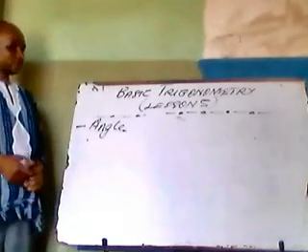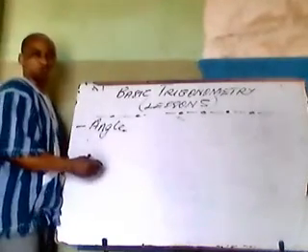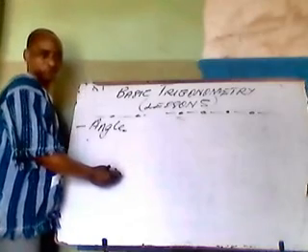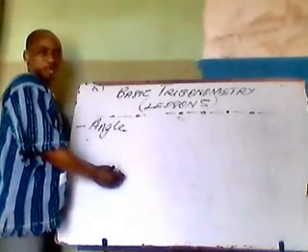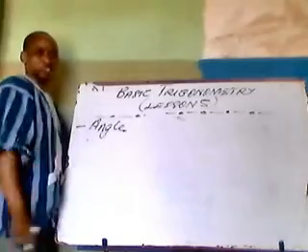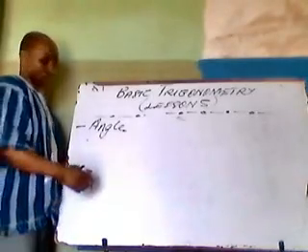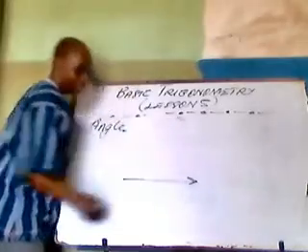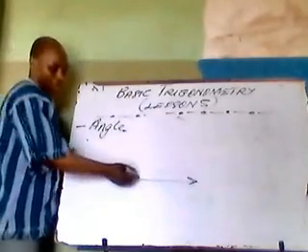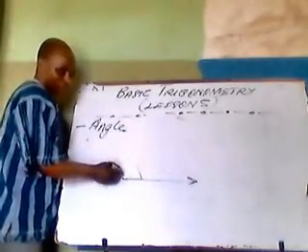An angle is the amount of rotation that one takes about a certain point. In other words, it is the measure of the turn or the amount of turn that you take about a certain point.